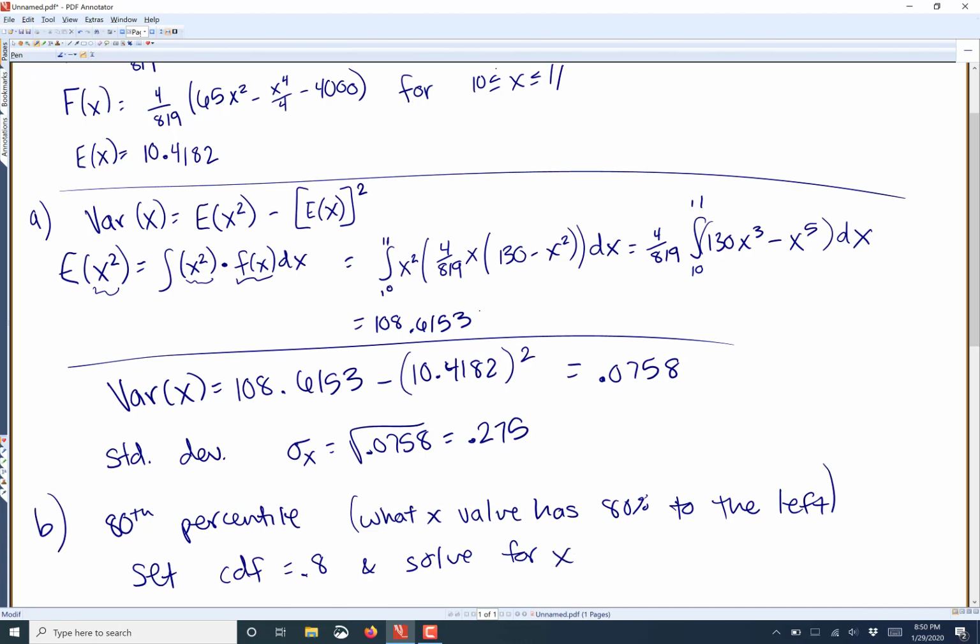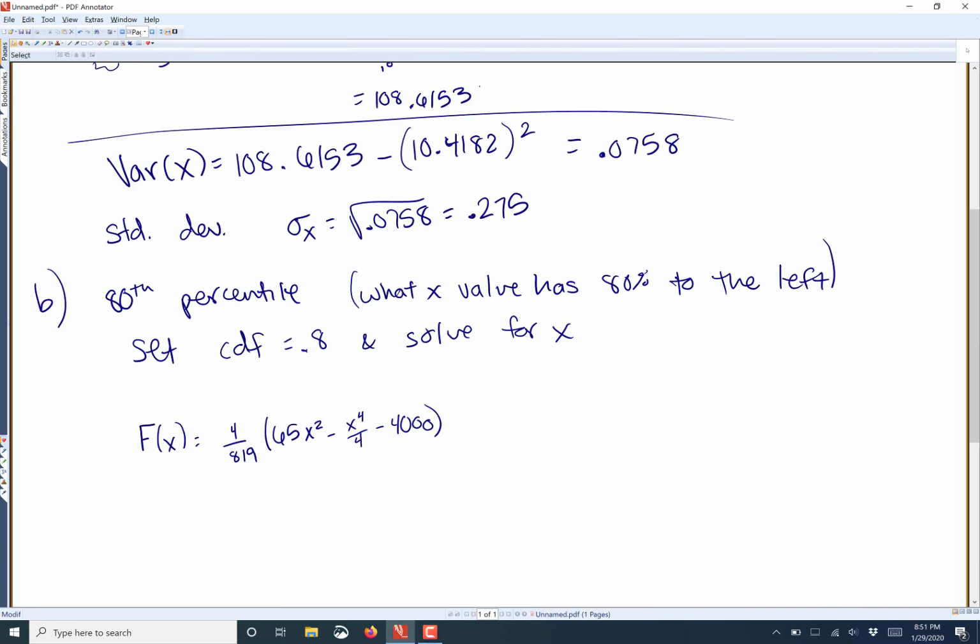Now here's my CDF up here. I need to set that equal to 0.8. So F of x is equal to this 4 over 819 times lots of things. And again, we found this in a previous problem. We're not finding it here because we already know what it is. And we'll set it equal to 0.8 and solve for x.